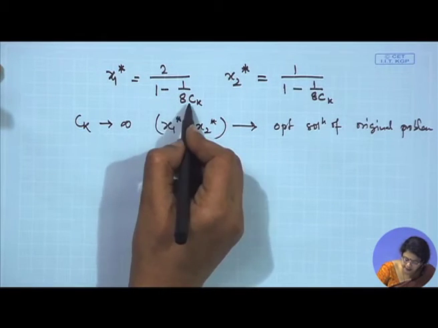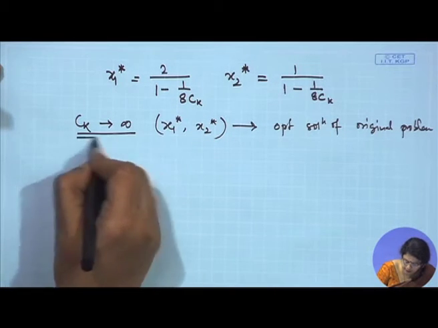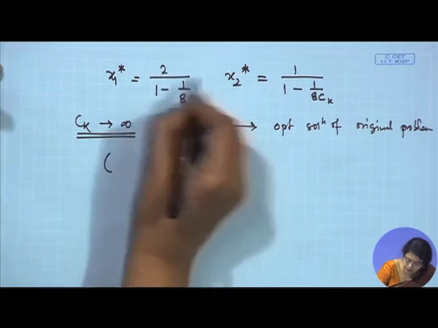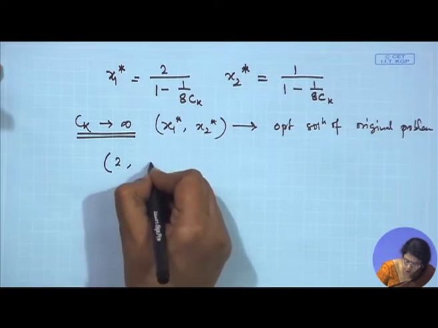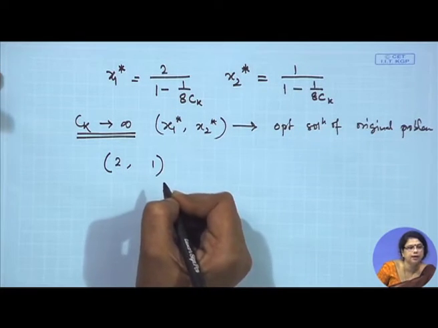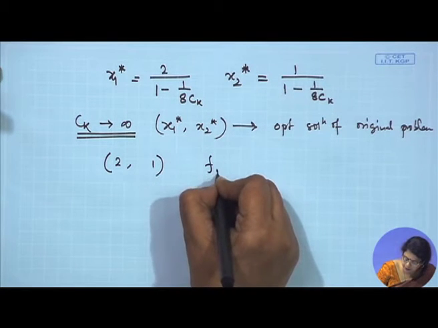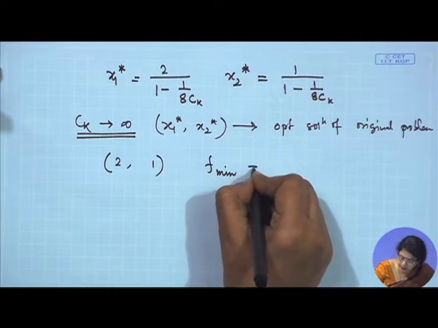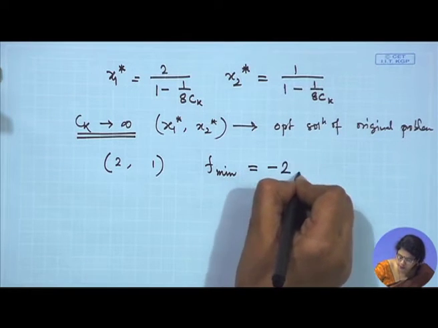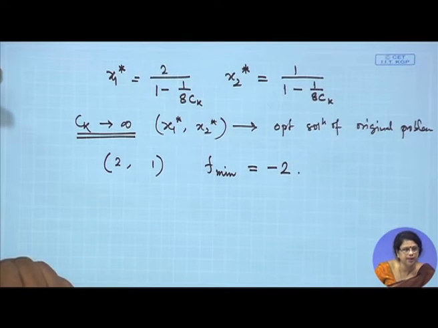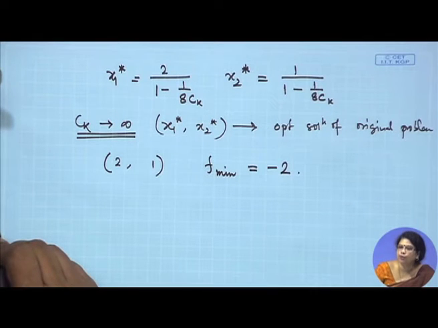That is why, if we consider Ck tending to infinity in this case, then the optimal solution would be (2, 1), and the corresponding functional optimum, f min, would be equal to minus 2. This way we can solve the problem.